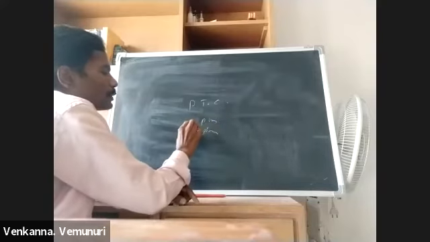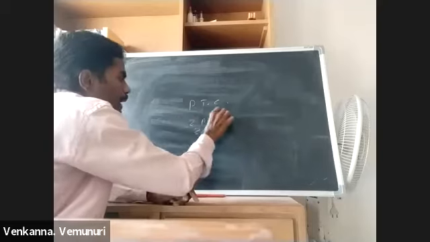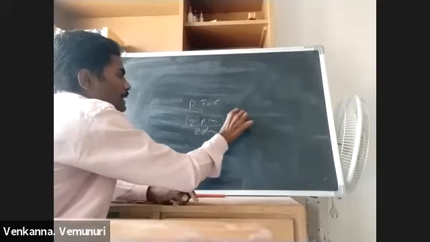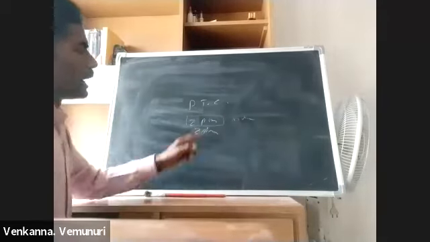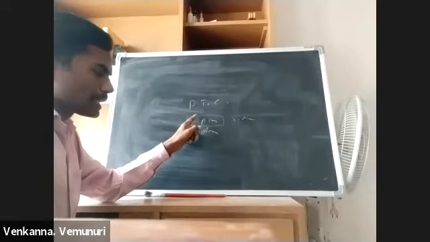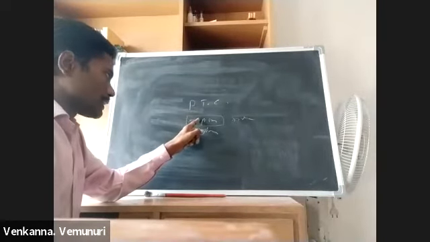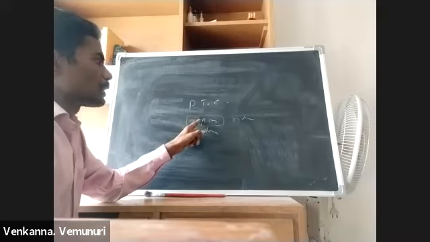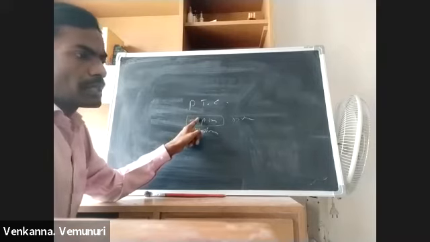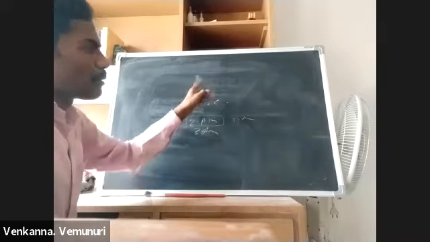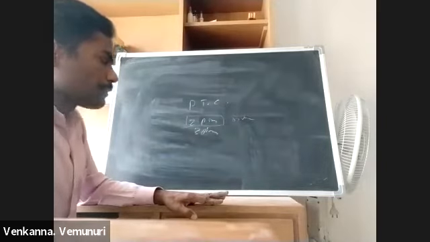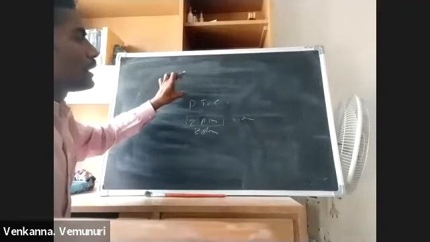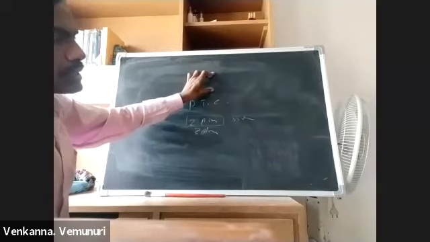You check this PTC without power supply, in series connection with a multimeter. If it shows continuity, the PTC is okay. If it does not show continuity, the PTC is damaged, so you replace that PTC. The problem is rectified.